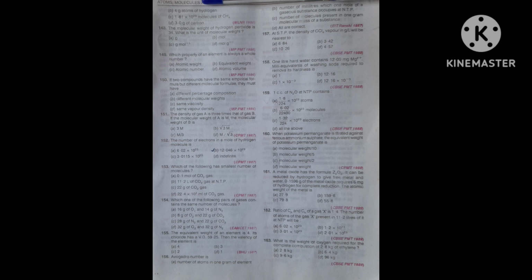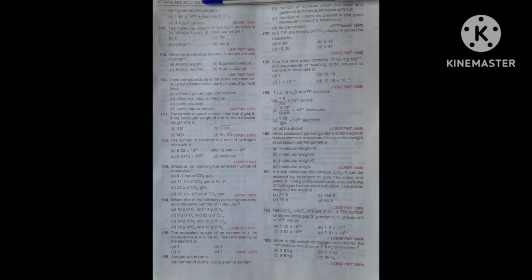CBSE PMT. Now next question I am reading, 159. 1 cc of N2O at NTP contains: option 1, 1.8 divided by 224 into 10 to the power 22 atoms.